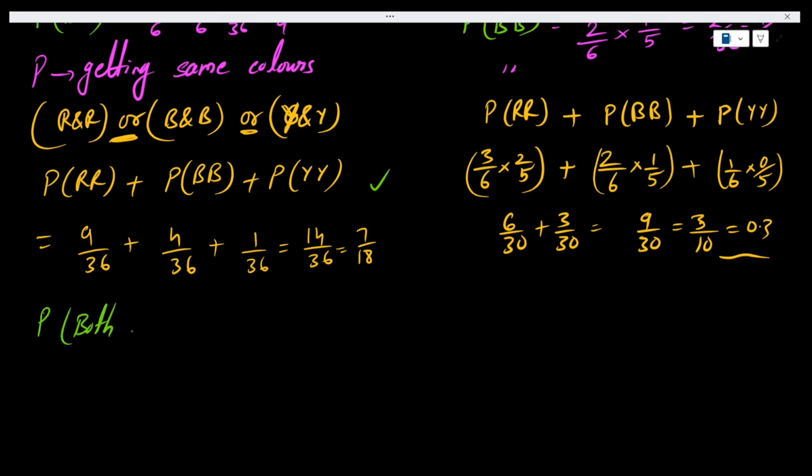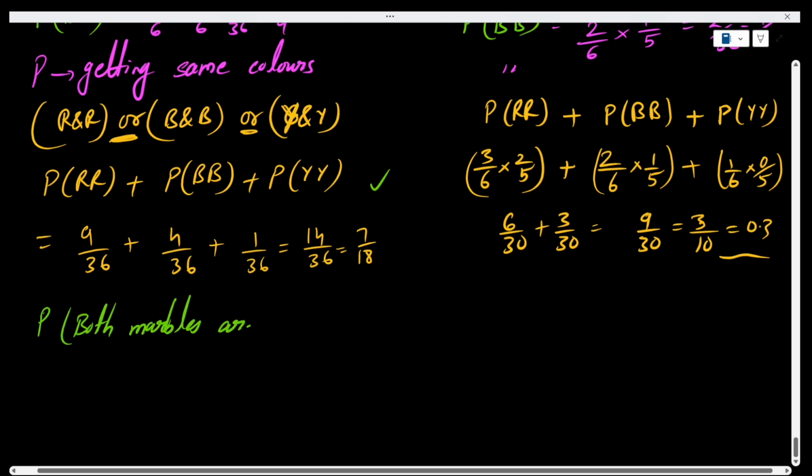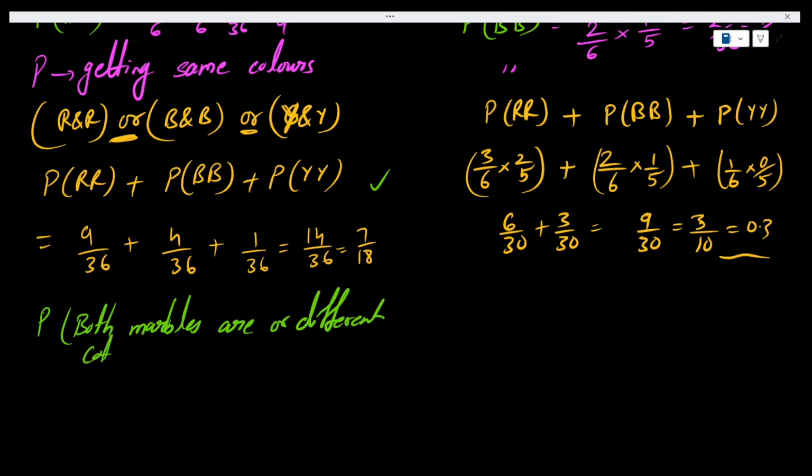Both marbles are of different colors. I can use the formula of an event and not an event, which is 1, because same color we got as 7 by 18.